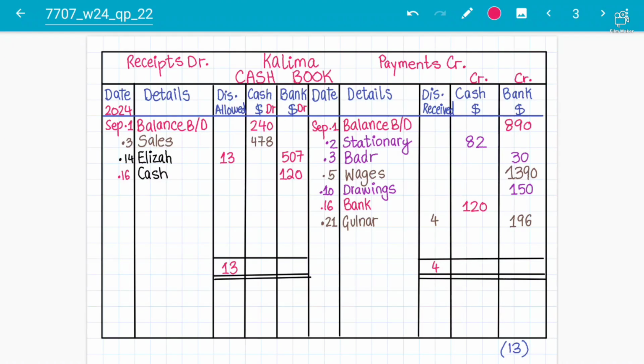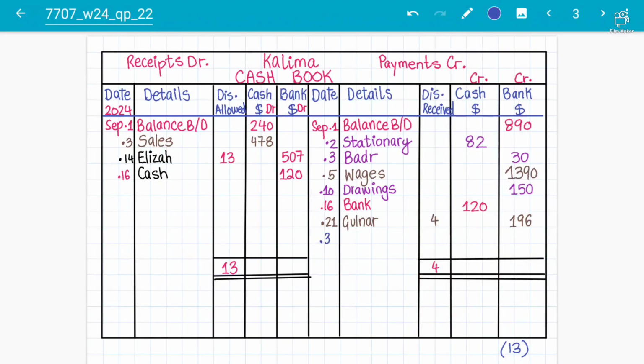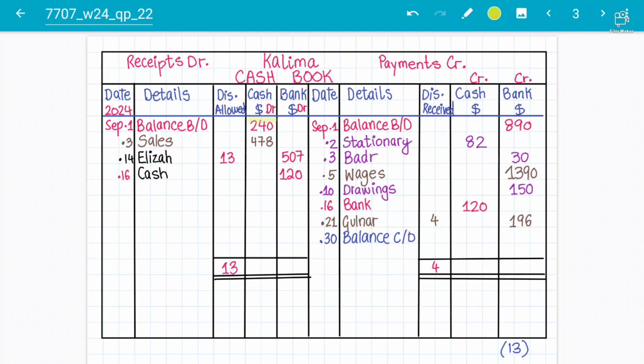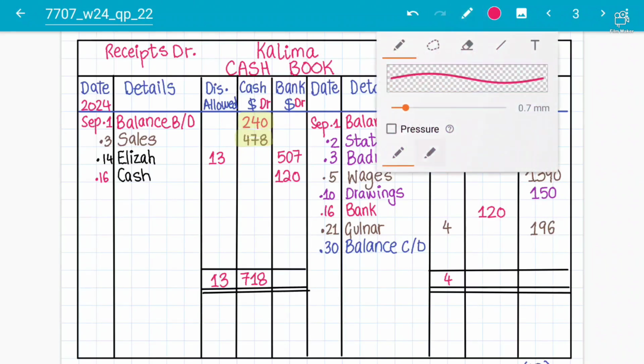So cash should always be a positive balance. You can just quickly say to the examiner that on September 30th, the balance carried down. Please understand how you do the balancing for the cash account. It's basically 240 plus 478, that makes it $718.